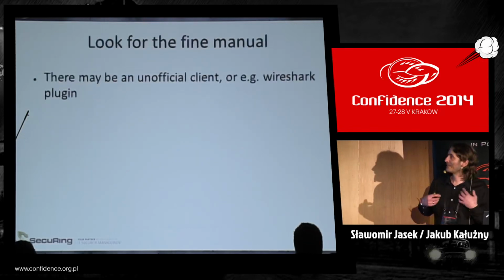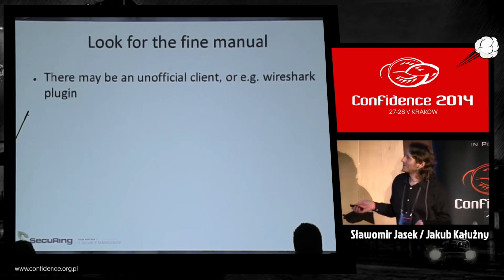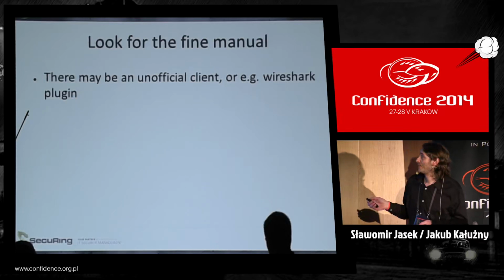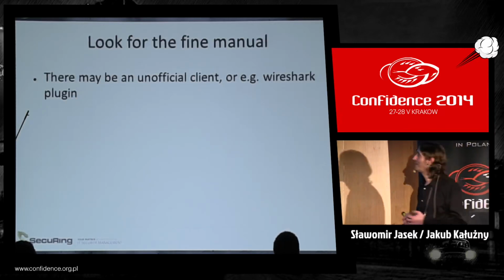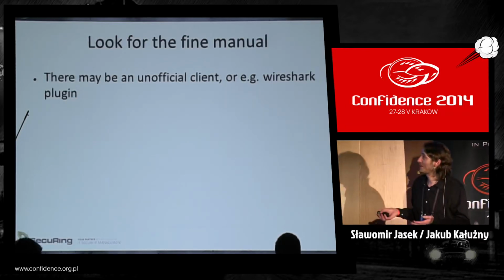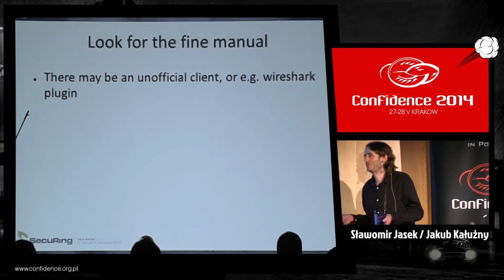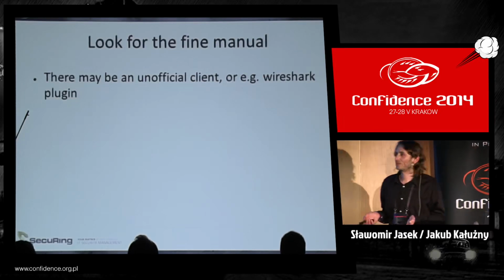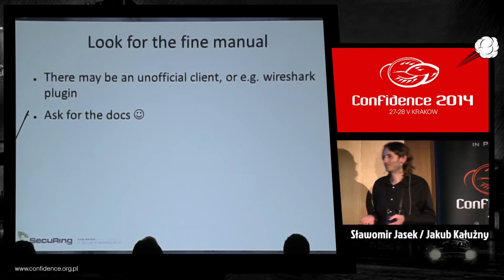Of course, you can look for the manual. For some clients, you have an official client, or you can even have a Wireshark plugin. For example, for MQ protocol, the best available documentation is the Wireshark plugin. You can ask for the documentation.